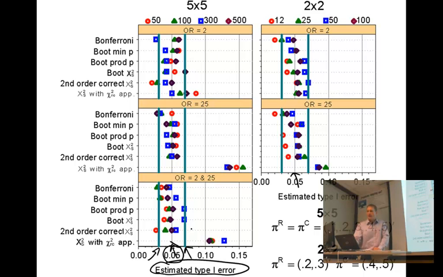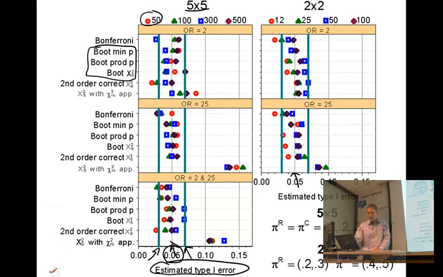On the y-axis, I have the particular methods that I'm interested in. And let's focus on Bootstrap. So for a 5x5 marginal table with a sample size of 50, here's my X squared S. Great, it works. Here it is for Bootstrap product of the p-values, and Bootstrap using the minimum of the p-values.